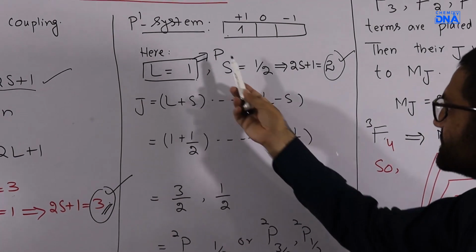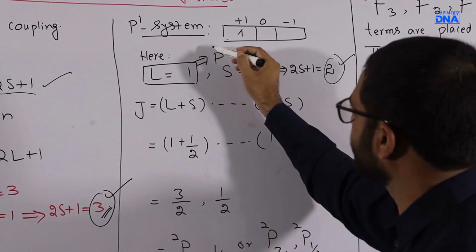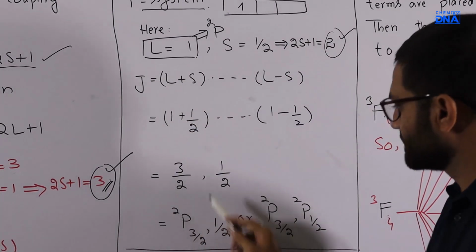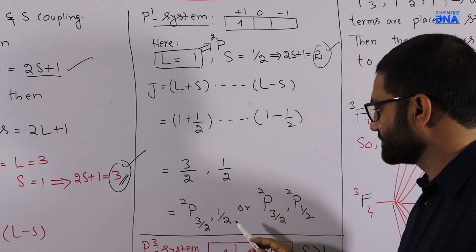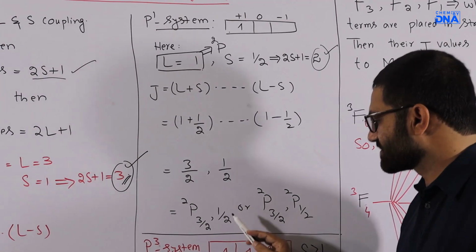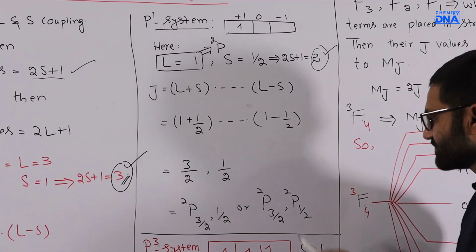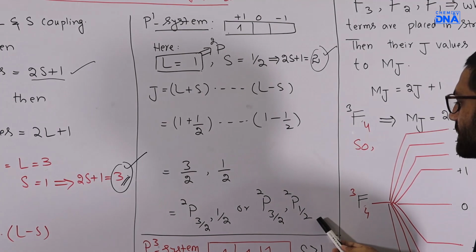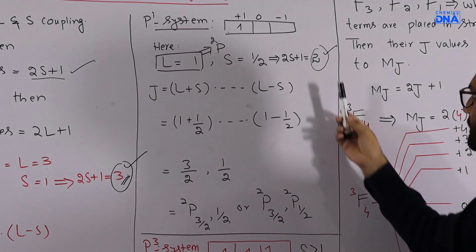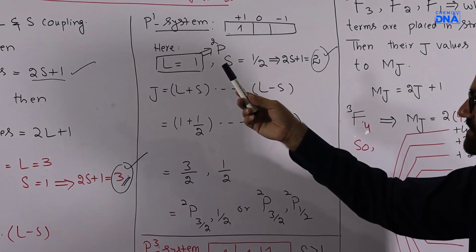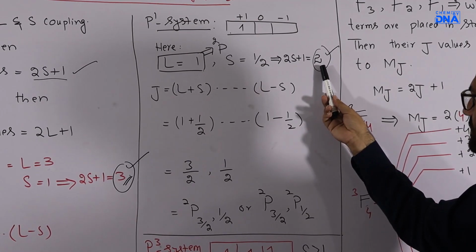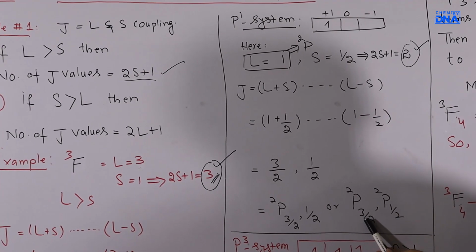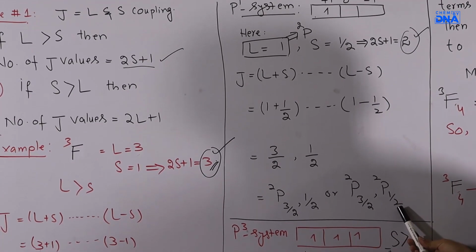Here this P term is actually a doublet P, and you will get doublet P 3/2 and 1/2. Or these spectroscopic terms can also be written in this way, that is doublet P 3/2, doublet P 1/2. And it is apparent from the stated rule number 1 that you will get 2 J values: one J value is 3/2, the second one is 1/2.